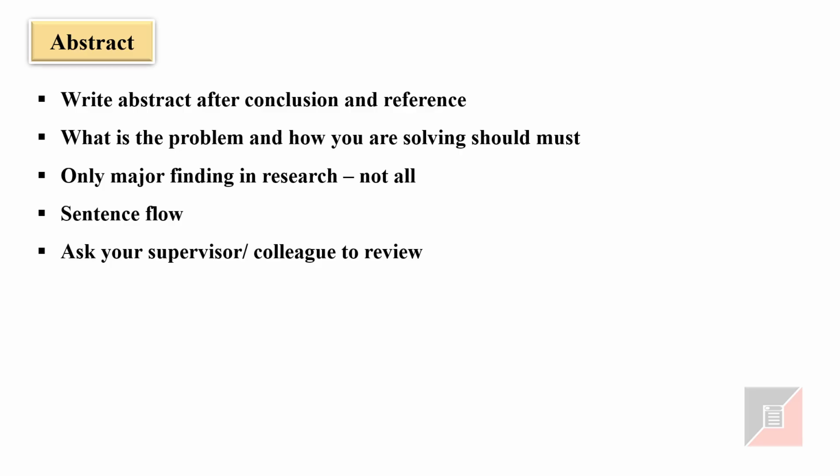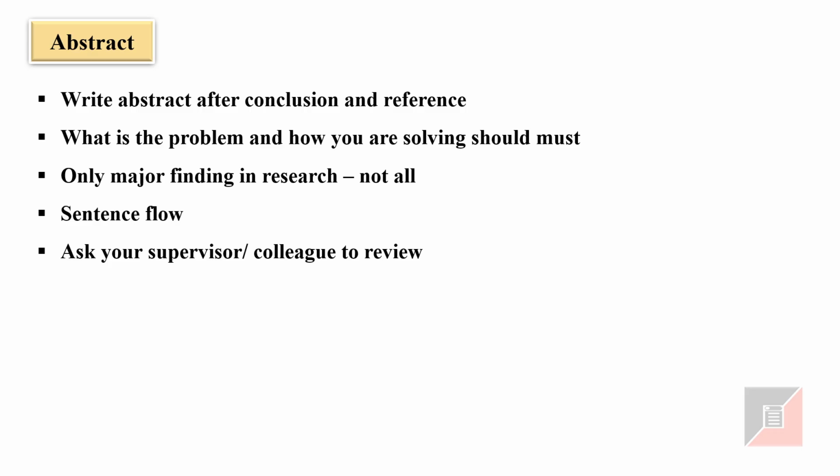Such things should be avoided, and flowing sentences should be there when you are writing the abstract. The first and second sentences, the third and fourth, should have some connectivity when somebody is reading. And you can ask your supervisors or your other colleagues to review after writing the abstract.